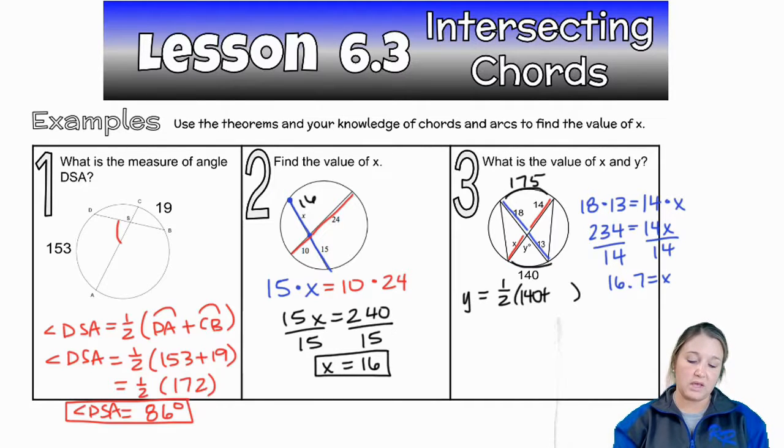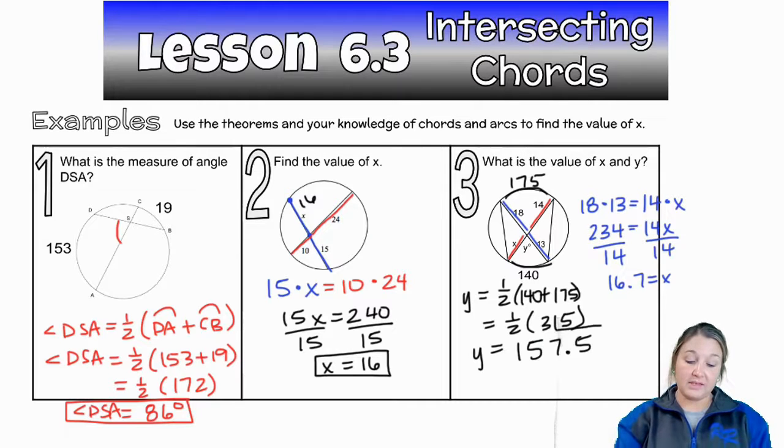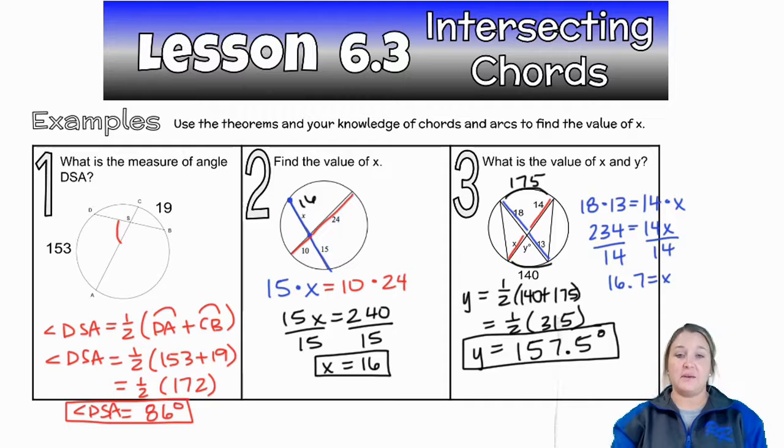So 140 plus 175 is 315, and this is going to be half of 315. So y is going to be equal to 157.5. I'm taking half of the sum of the intercepted arcs.